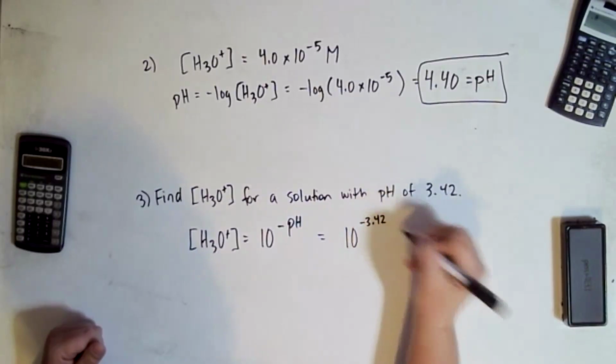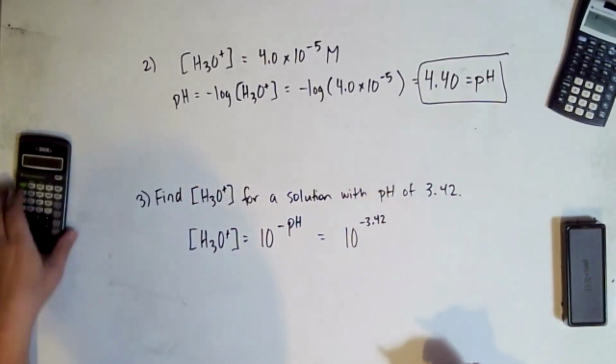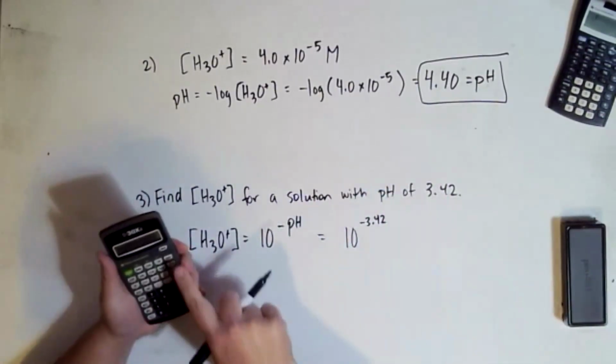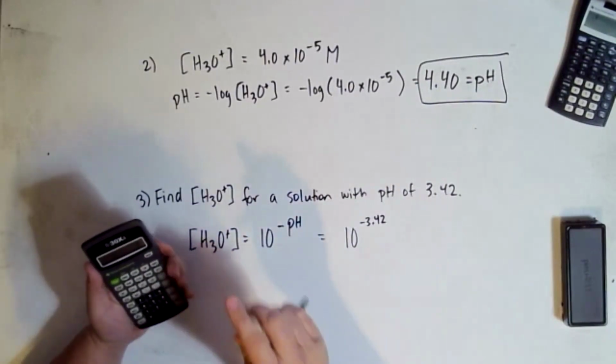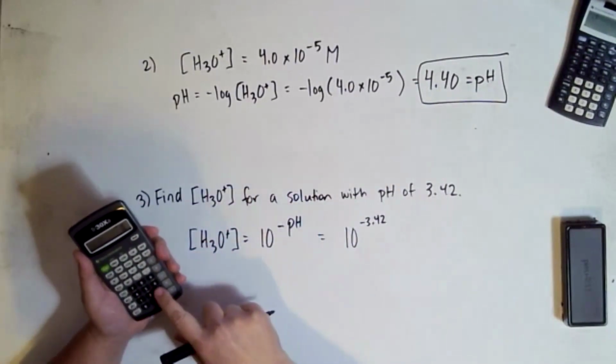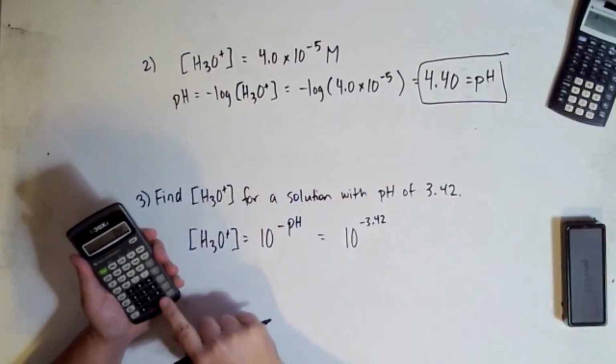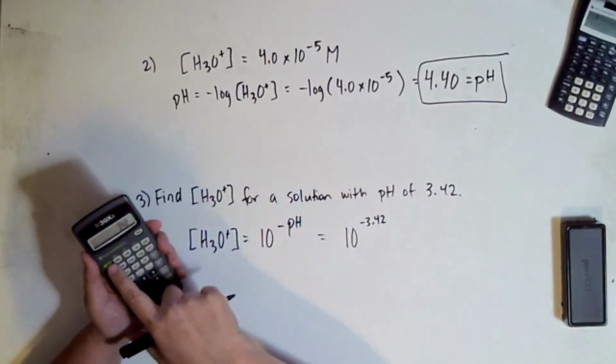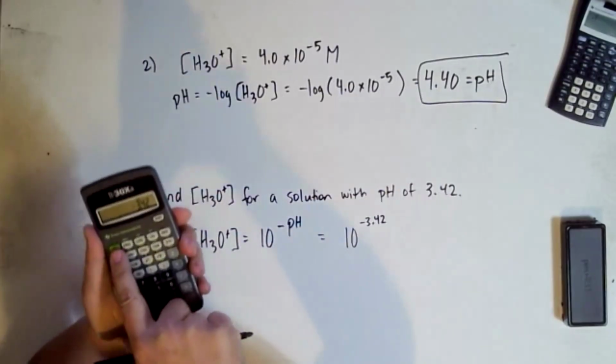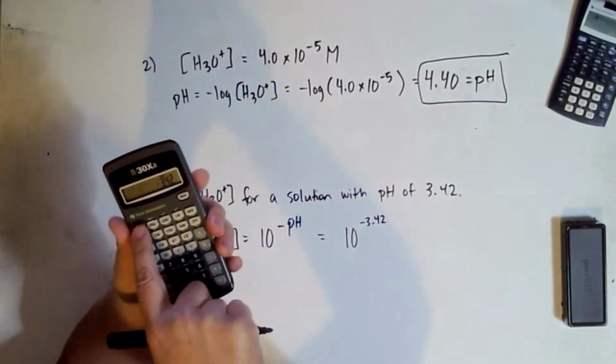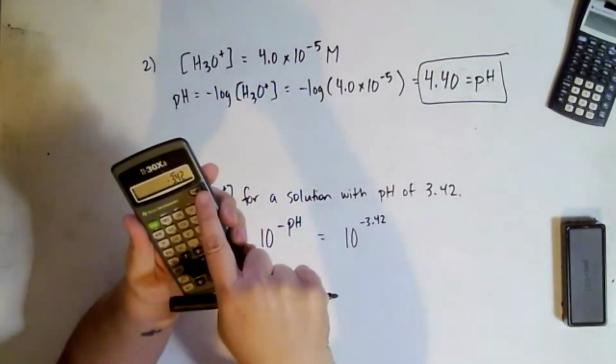negative 3.42. If you have a calculator like this one, the way that I have to plug this in is 3.42 and make it negative. And then I have to hit my second key. So negative 3.42 is in there.